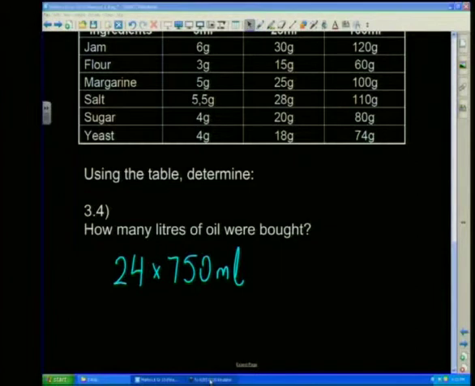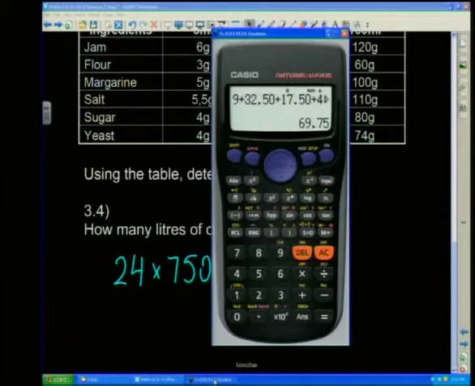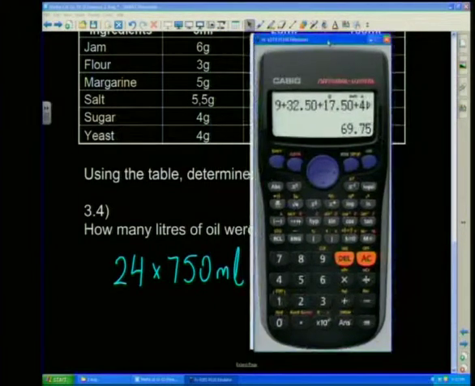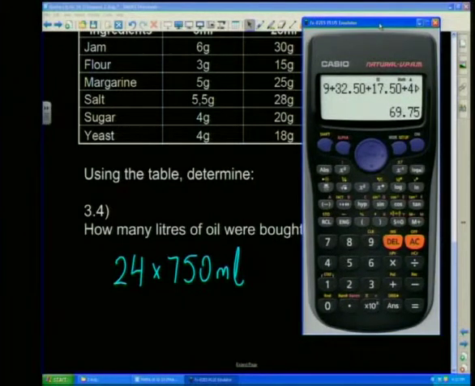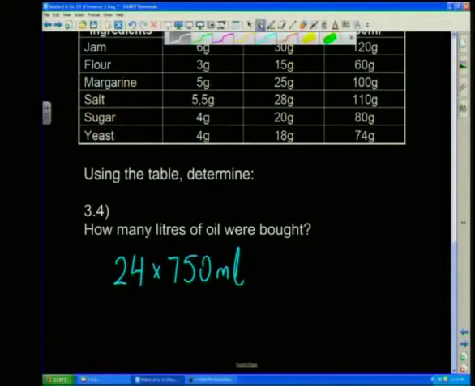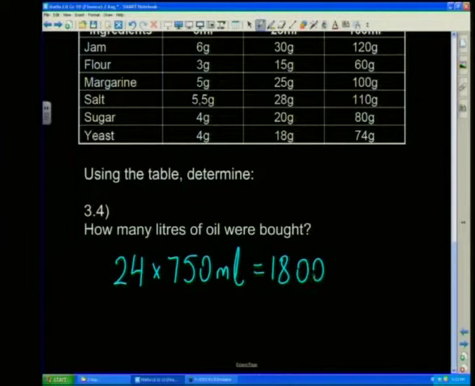Let's use our calculator now. Move our calculator back to where we prefer it. Okay, 24 times 750, and we get an answer of 18,000. So that is 18,000 mils.